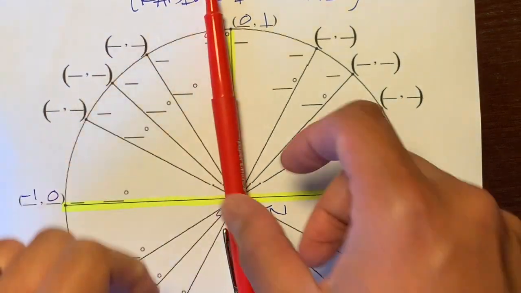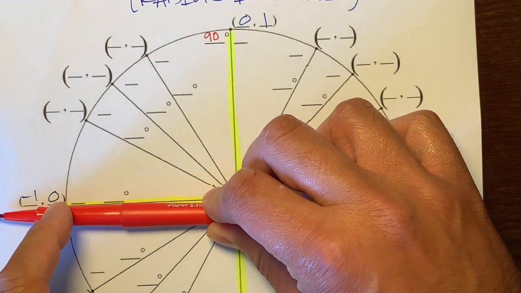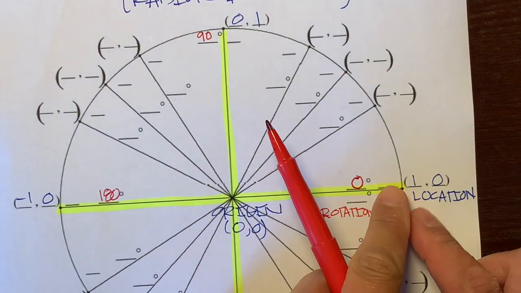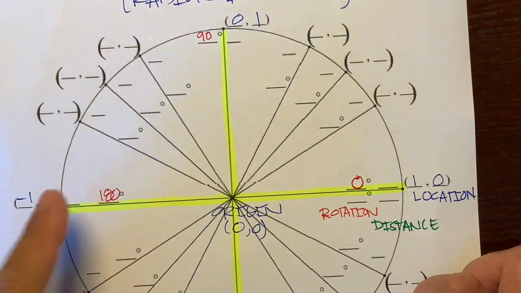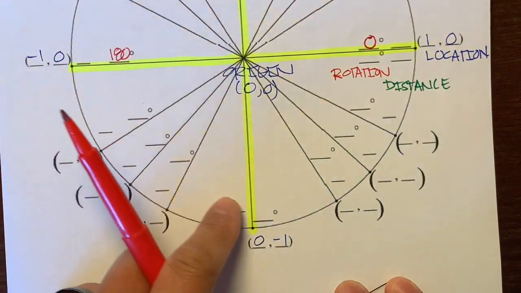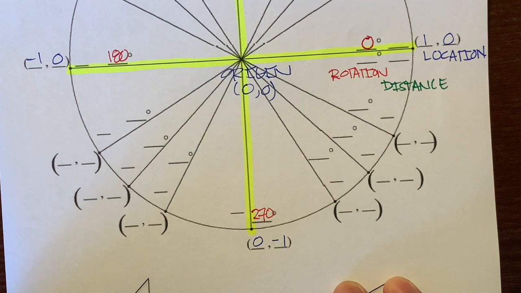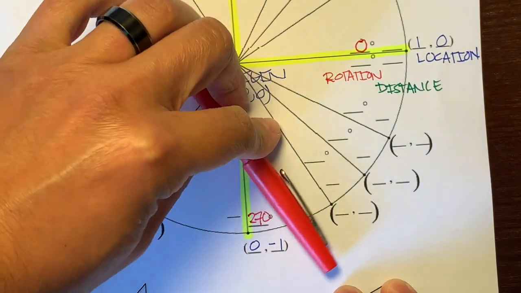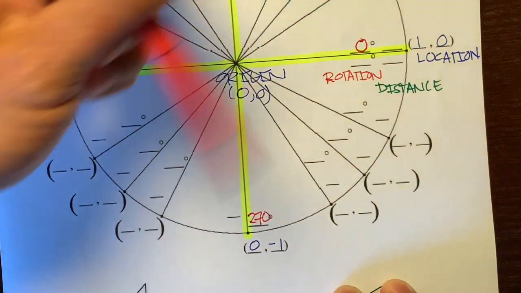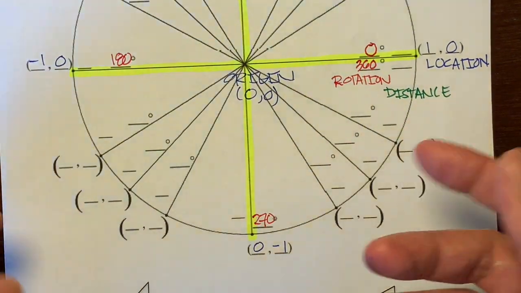Then if we rotate this radius an additional 90 degrees, to -1, 0's location, that would be a total of 180-degree rotation. And then if we rotate it an additional 90 degrees down here, this would be 270 degrees. And then if we rotate the radius one last time all the way around the circle to the starting point of 1, 0, this would be 360 degrees.